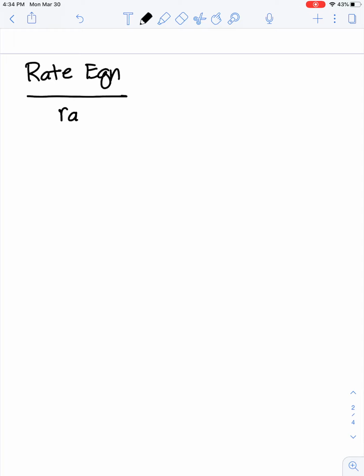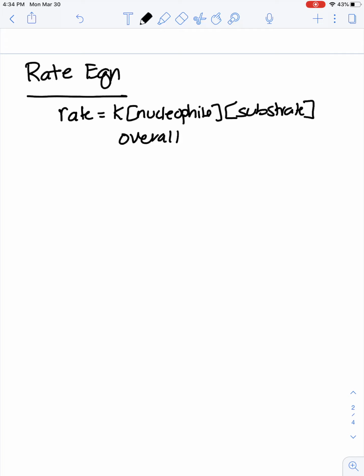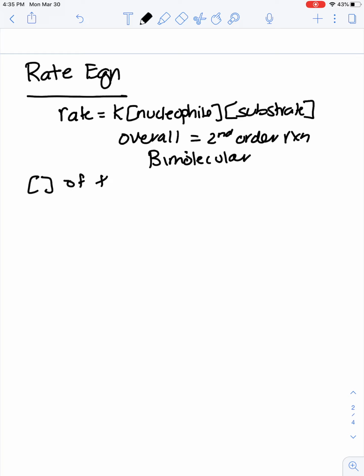So again, it's going to be first order in respect to the nucleophile and first order in respect to the substrate or the electrophile. So again, overall, it's going to be a second order reaction. And this is where that bimolecular is coming from. The concentration of both the nucleophile and the substrate are going to affect the rate of the reaction.